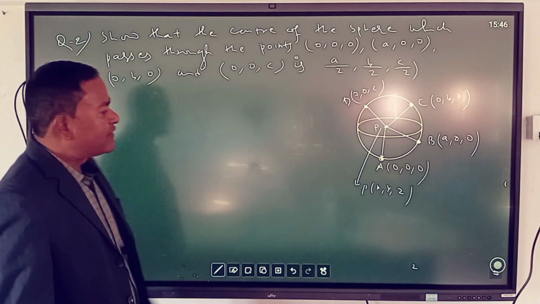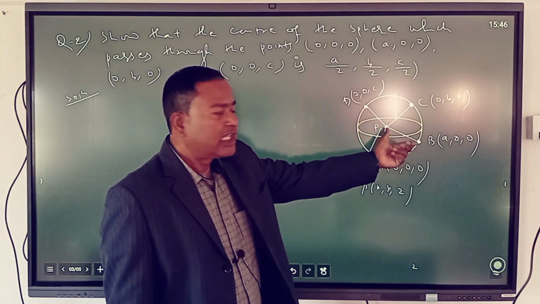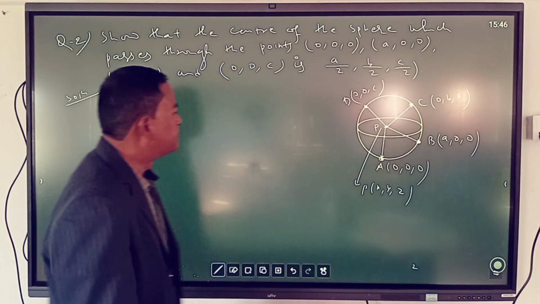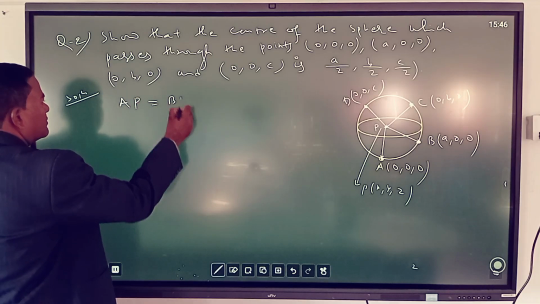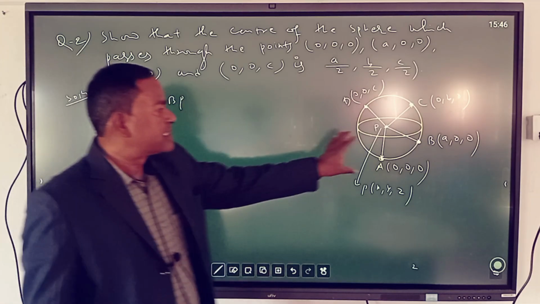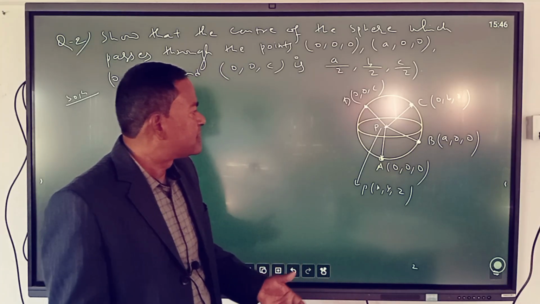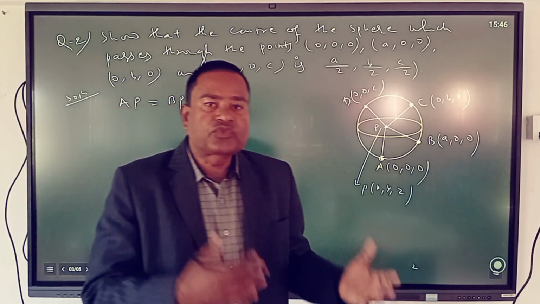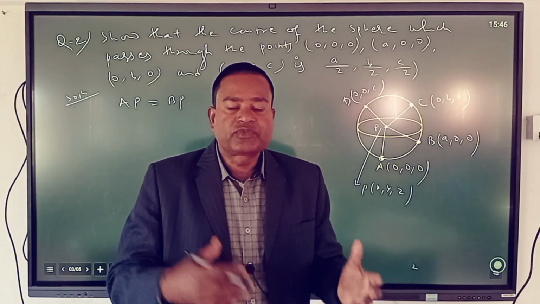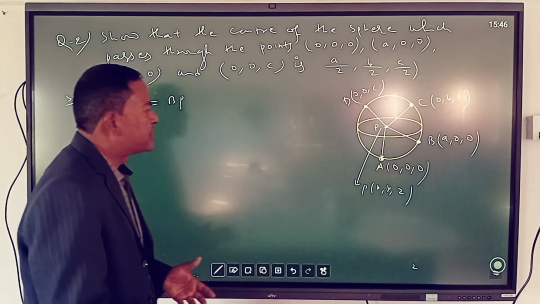So dear student, at first we are going to take AP equals BP, and let's apply the distance formula. We know that the distance between any 2 points is given by the square root of x2 minus x1 whole square plus y2 minus y1 whole square plus z2 minus z1 whole square.